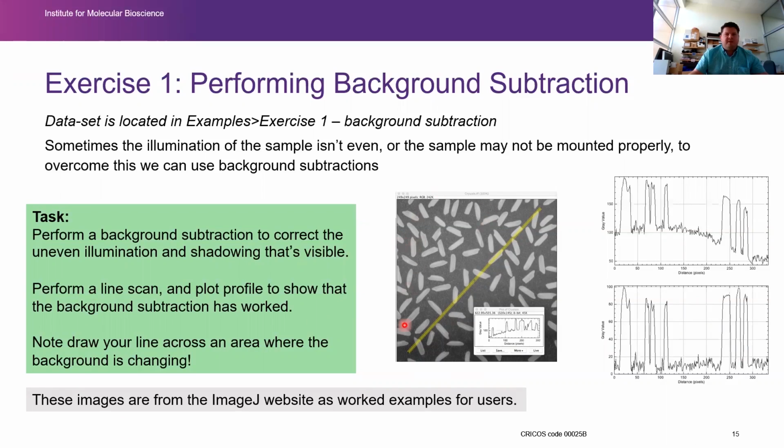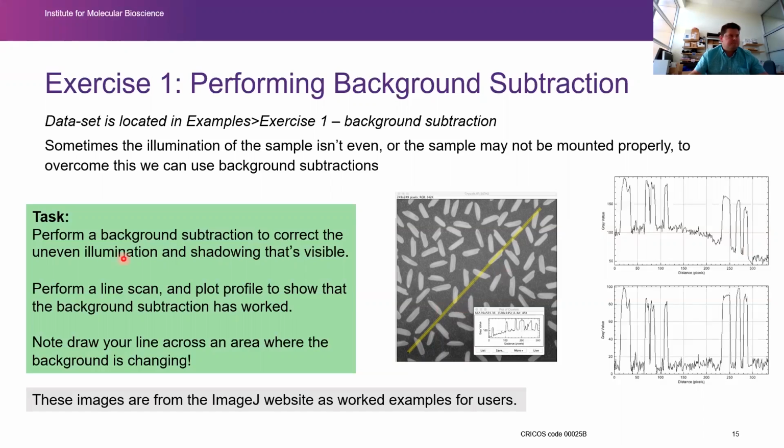But basically, if you open the example crystals image, you want to be able to perform a background subtraction. First, I would say draw a line profile to see it. And then we want to measure the object to see how small it is, and then do that background subtraction.